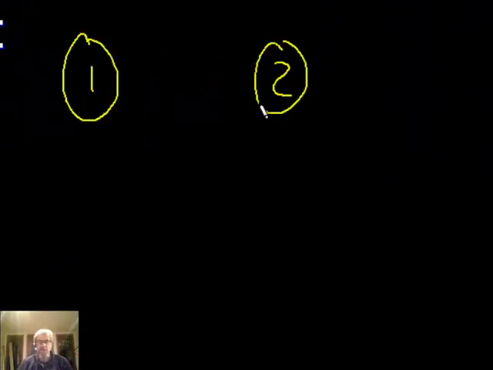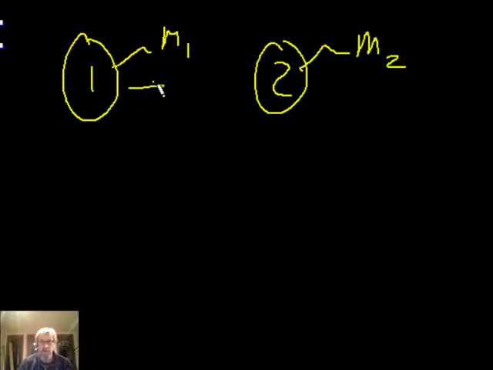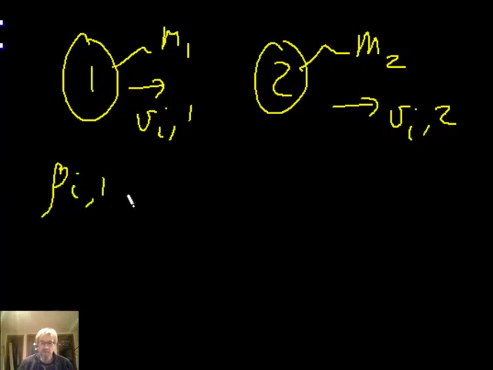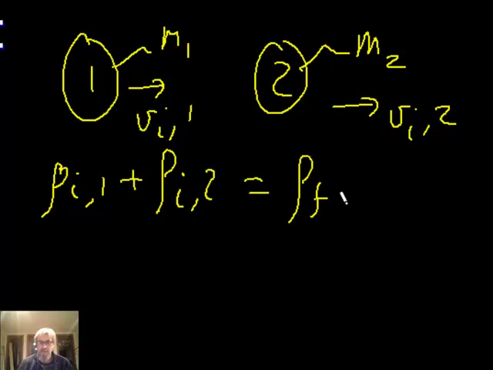Let's consider a system that's made of two objects. Object number 1, object number 2. This has a mass we'll call m1. This has a mass we'll call m2. This one's moving with an initial velocity we'll call vi1. This one's moving with an initial velocity we'll call vi2. Now, after some event occurs, a collision or something like that, the total amount of momentum before and after must be the same. So we could say that the initial momentum for object 1 plus the initial momentum for object 2 has to be equal to the final momentum for object 1 plus the final momentum for object 2.